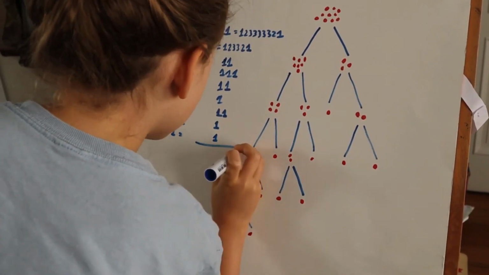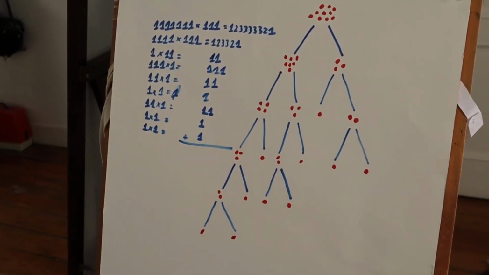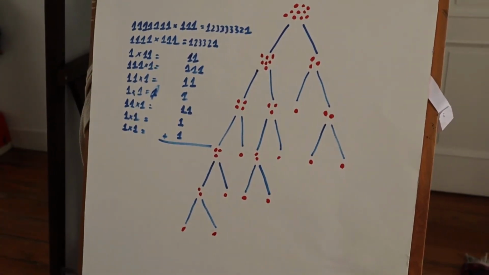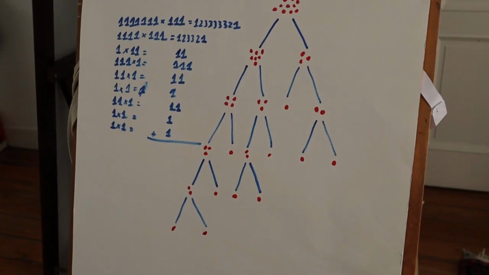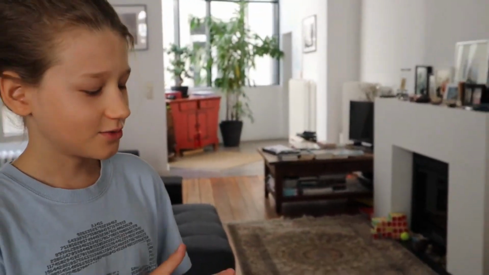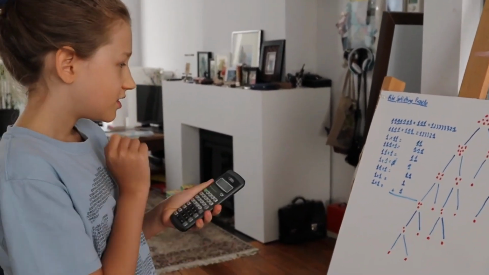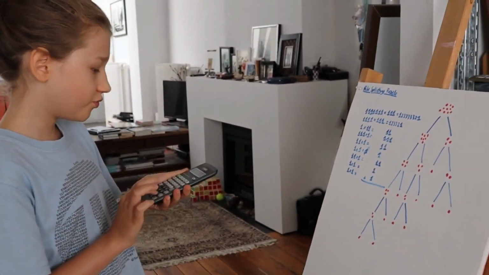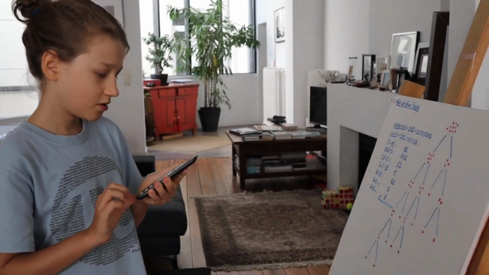All right, now what we're gonna do is add up all of these together. Just add them. Okay, let's do it. All of the answers. Okay, I can't do that in my head like I did with the multiplication, unfortunately. But we're gonna do it on here. So 1, 2, 3, 3, 3, 3, 3, 2, 1.